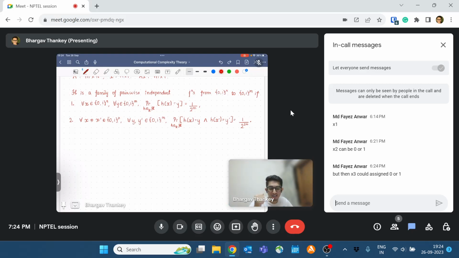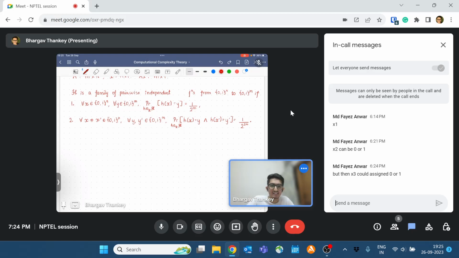I think examples should be easy to construct. For example, let's say you toss two coins. X is 1 if and only if the first coin is heads. Y is 1 if and only if the second coin is heads.